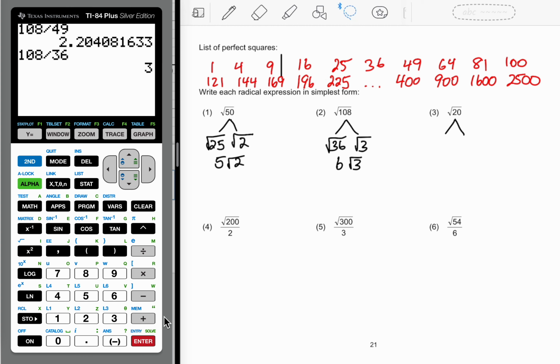That's where I start my search. Any number below this location would satisfy the requirement of being a factor of 20. Now I just got to find the largest one that is a perfect square that also divides evenly into the 20. All right, so 9's not going to work, but 4 does. Square root of 4 is 2, and you get your radical 5.